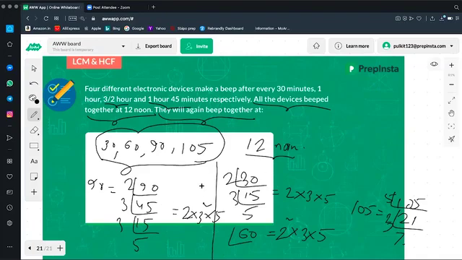What is the maximum power of 2, guys, available in any of these? That is 2 square. 3 is available with a maximum power of 3 square.